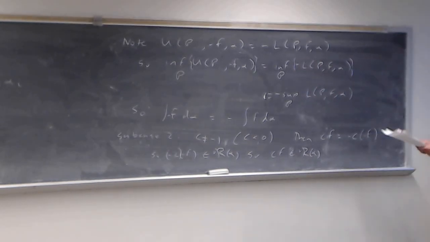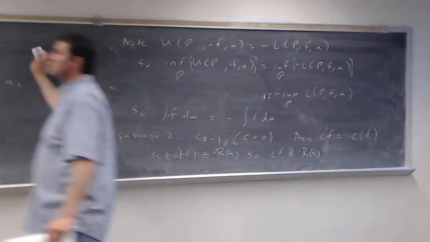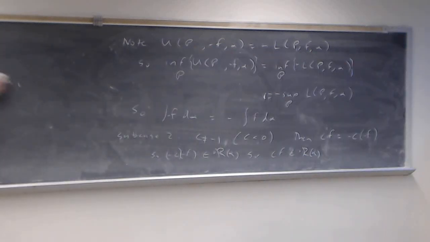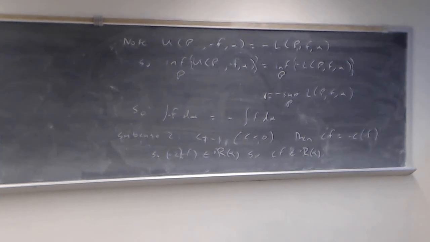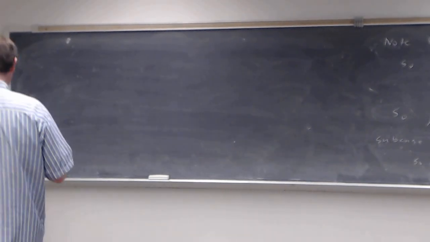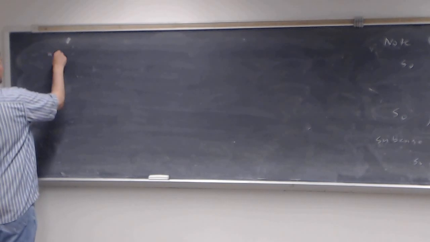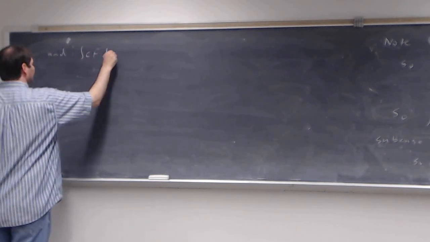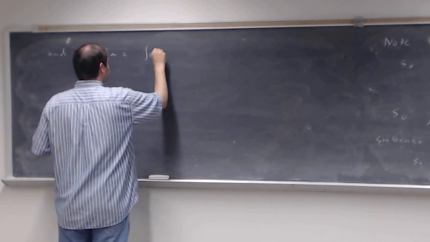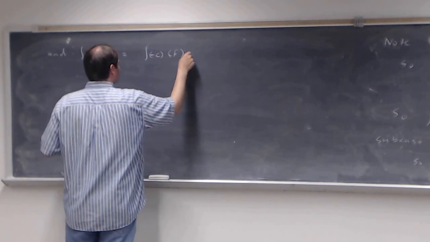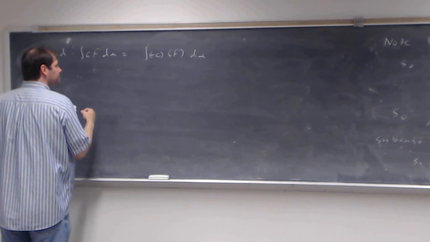And not only that, we have that the integral of Cf dα is equal to the integral of minus C times minus f dα. The minus C is positive, so pull it out.